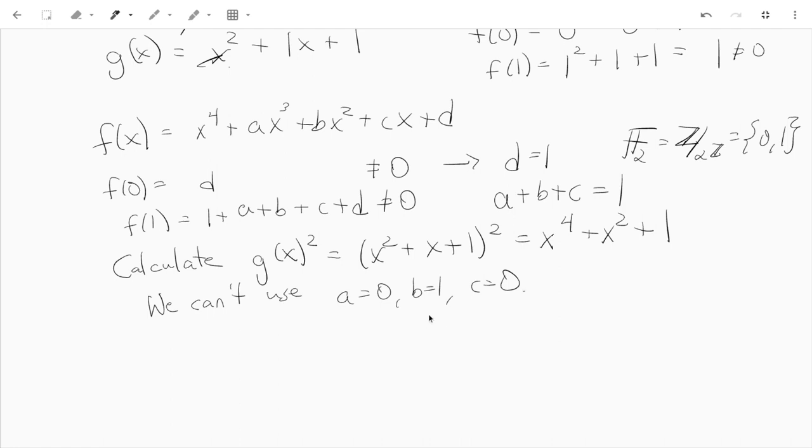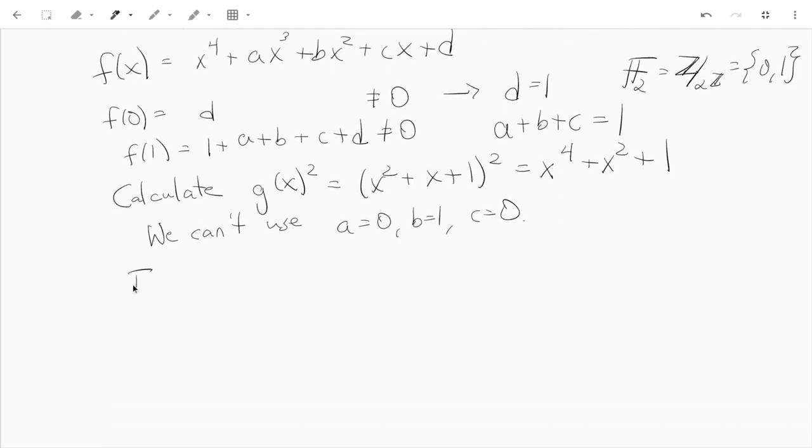As long as we satisfy this, anything else will work. So 1, 0, 0, for example, is fine. Or 0, 0, 1.